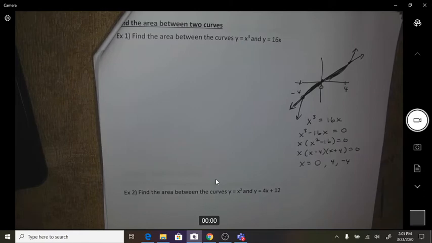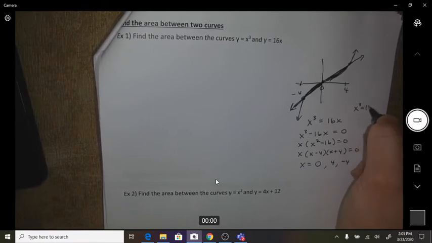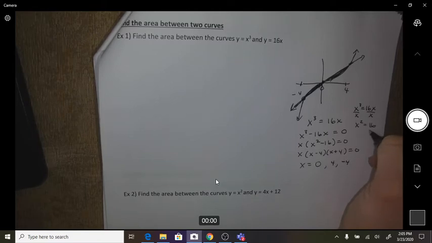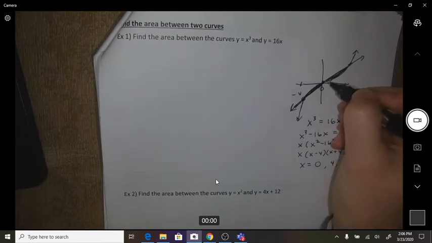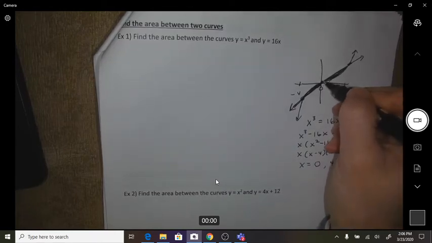Okay, so you can see that if you had divided, you would have only got 4 and -4, and you wouldn't have gotten that 0 because it would eliminate a solution. So we have to do this in 2 different chunks. We would have to do the area from 0 to 4.